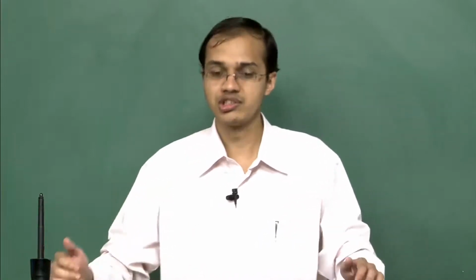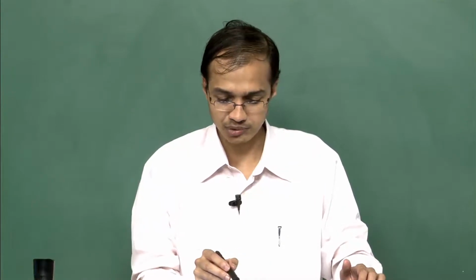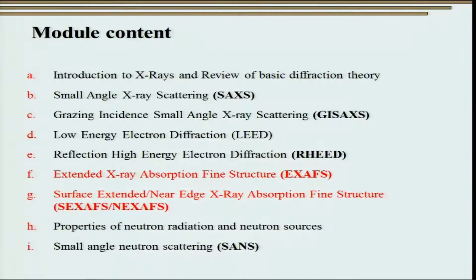So, as you can see over here, there are two different techniques, namely the extended X-ray absorption fine structures, the same technique with a different geometry known as surface extended X-ray absorption fine structure and near edge X-ray absorption fine structure, which are put together as X-ray absorption spectroscopy. So, in today's class, we will just get acquainted with these techniques.